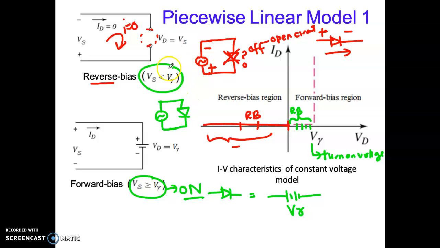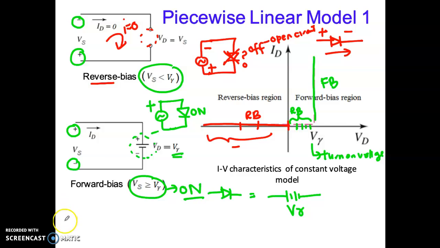Instead of minus plus as in reverse bias, now it becomes plus minus, so the diode will be on. In piecewise linear model 1, when it is on, you replace your diode with V gamma. This area is called forward bias. Remember, for forward bias you apply plus minus; for reverse bias you apply minus plus.